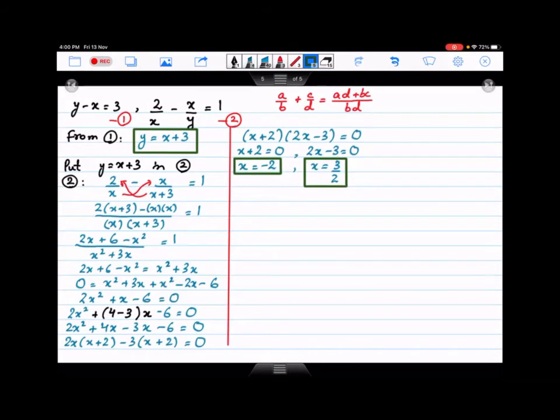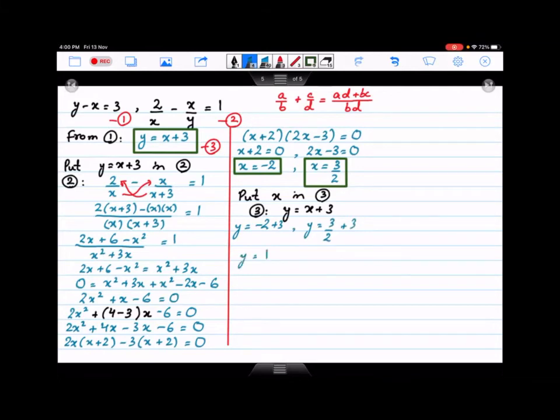Okay, so now we have the values of x and we had the equation 3. So now we can put x in equation 3, while the equation 3 is y is equals to x plus 3. So obviously we will be getting two values, one for minus 2 and one for 3 upon 2.